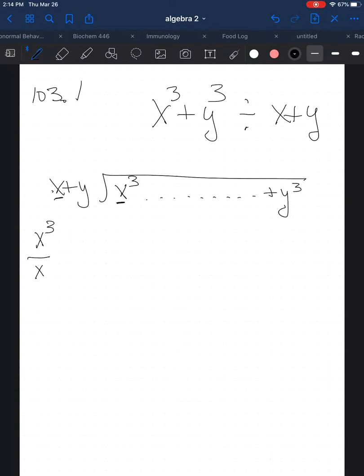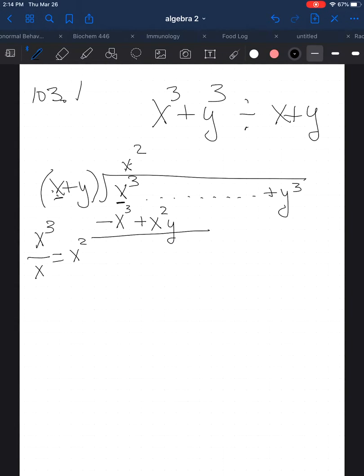What does that simplify to? It's x squared. So we put an x squared up here on the top, and we multiply x squared times x, which gives us x cubed, and we multiply x squared times y, which gives us plus x squared y.